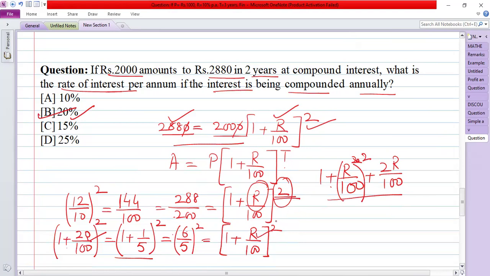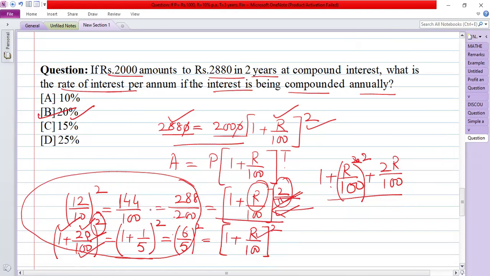What is the basic technique here? Our right hand side is of this form, 1 plus R by 100 whole raised to power 2. And the left hand side, as you have observed, I have converted into the same form, 1 plus R by 100 whole square. This technique is usually used in mathematics.